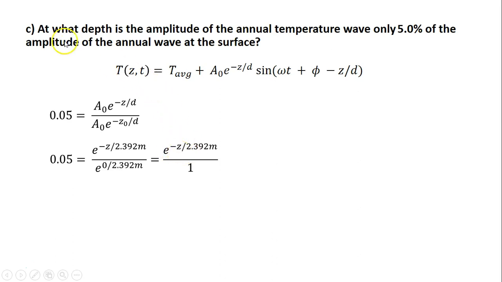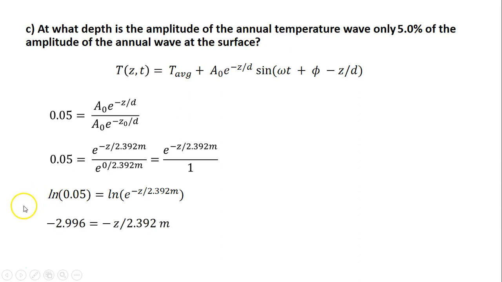This will tell us the depth at which the amplitude of the annual temperature wave is only 5% of what it is near the surface. In order to get rid of the e term, we need to take the natural log of both sides. When we do that, we find that minus 2.996 is equal to negative z divided by 2.392 meters.